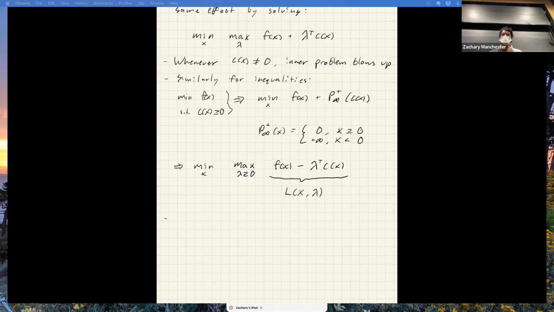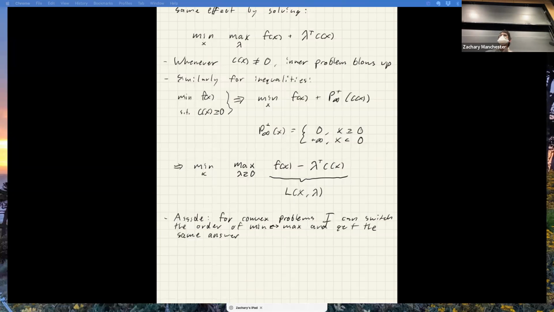As just a quick aside, for convex problems, which we'll talk more about later, but you guys are vaguely maybe aware of this, for convex problems, I can switch the order of that max and min, and I can do it either way, which is kind of interesting. Doesn't change the answer.